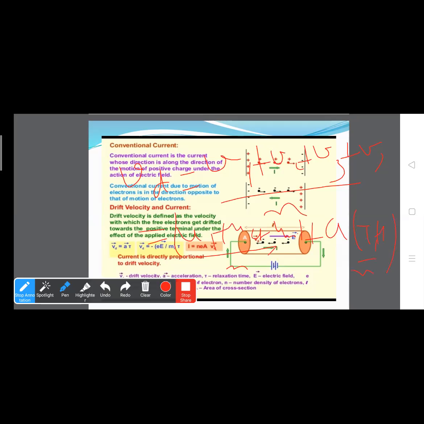Here (u1 plus u2 plus up to un) upon n is the average thermal velocity. The average thermal velocity of electrons in a conductor is 0, we already discussed it. So here we can write 0.